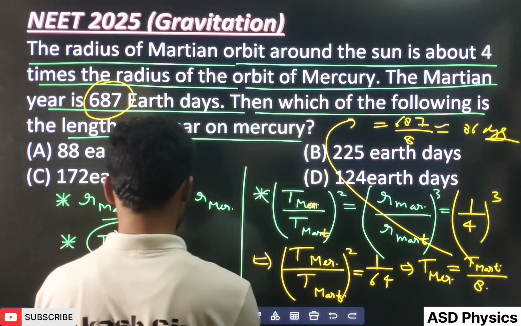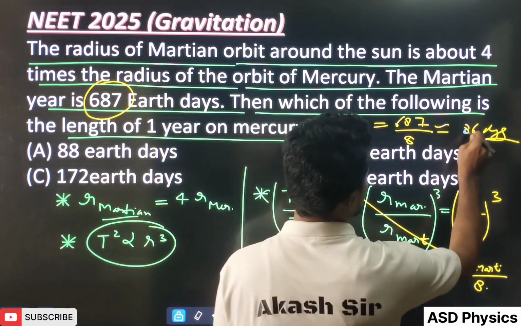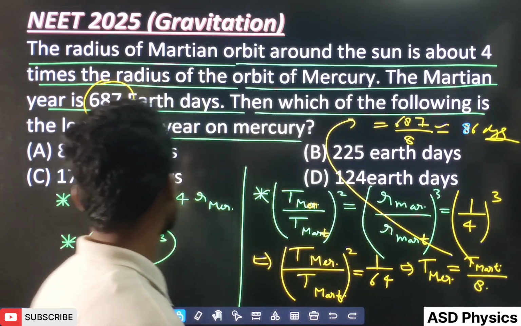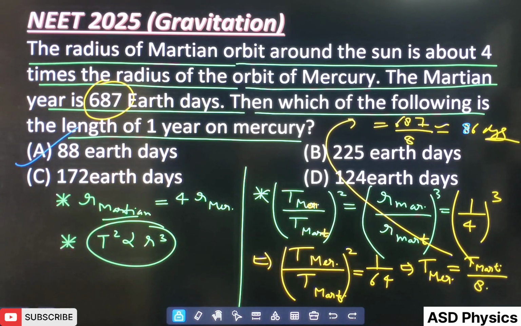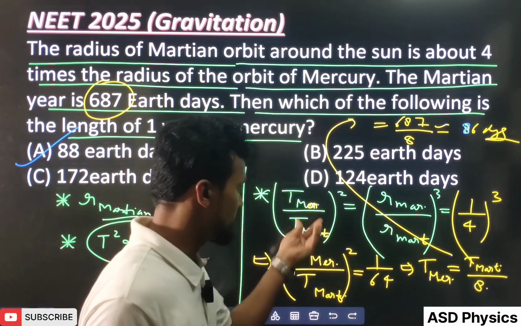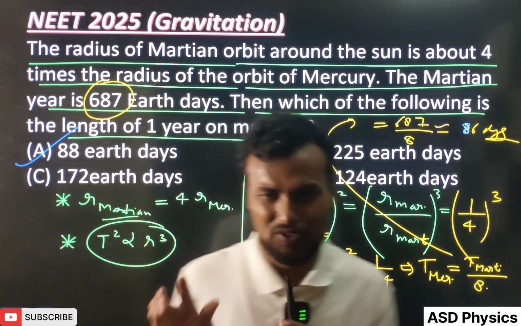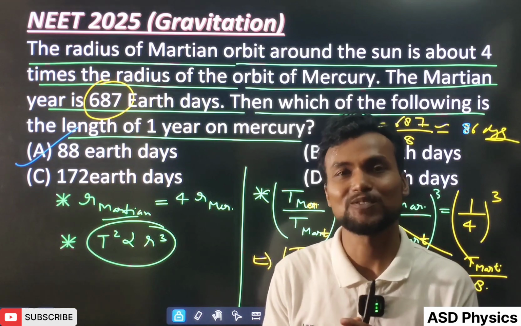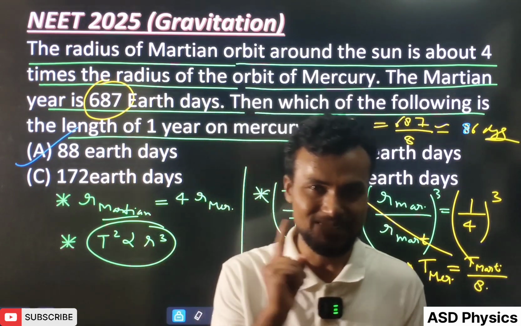See this one here, 86. Anyhow, the options are not matching, so we'll go ahead with the 88 here. Approximately 86 point something will come here. Again, I'm telling that this is the Mercury, this is the Martian. Is it, students? I hope so. The part 1 is somewhat lengthy. I have tried to do it as fast as possible. Keep studying, keep going.